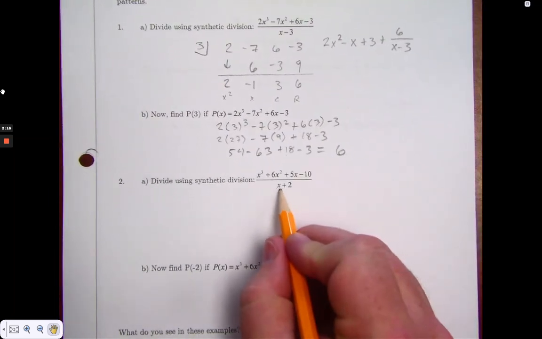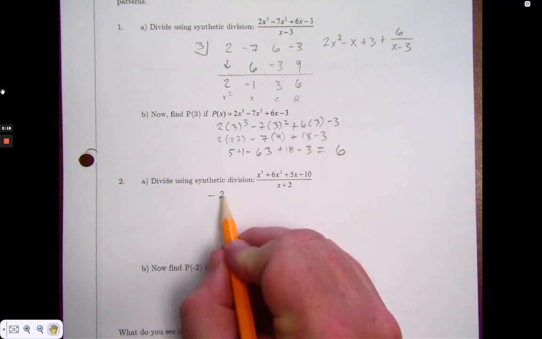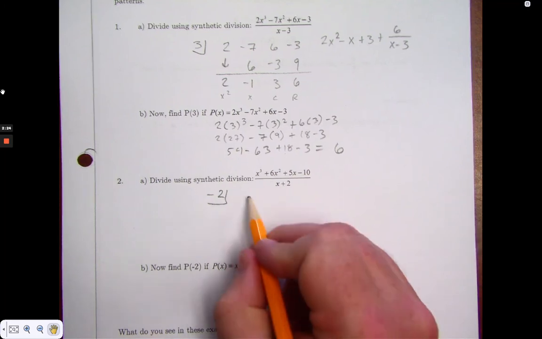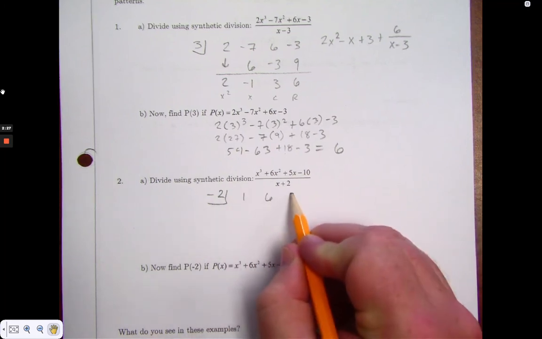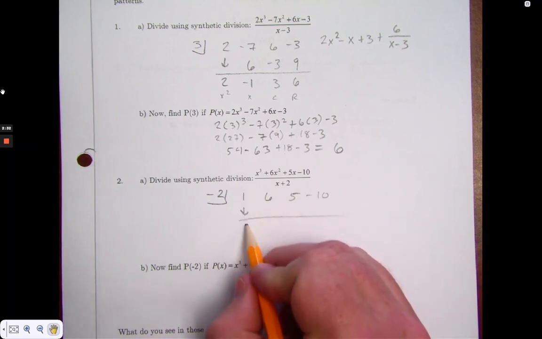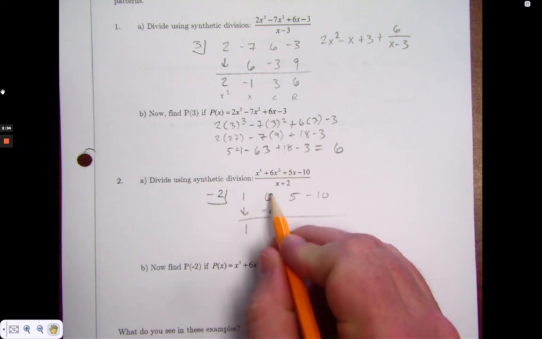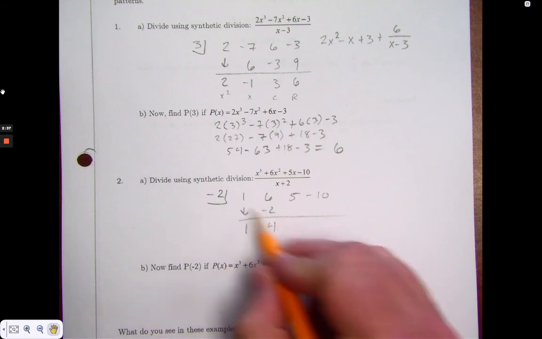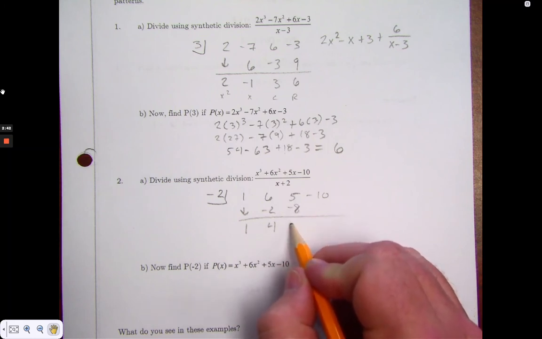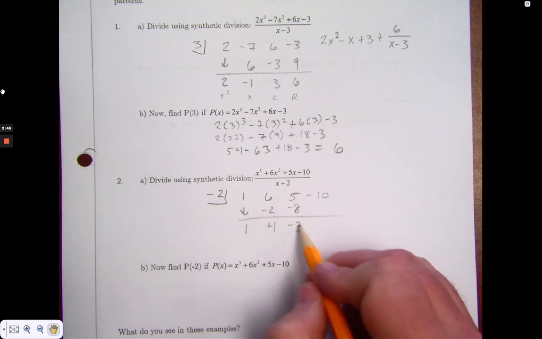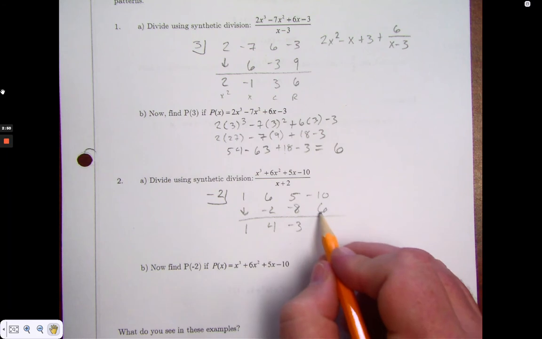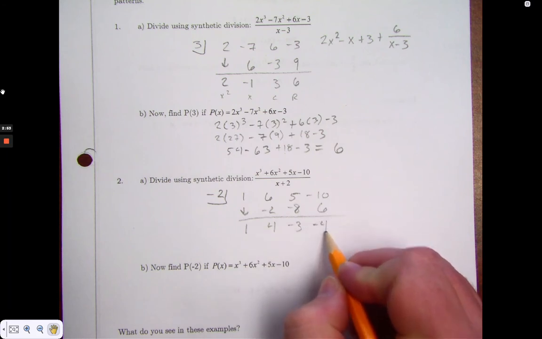This time, x minus c, so we have -2 because we have the plus, and remember, it'd have to be minus a negative to get the plus. Then we have 1, 6, 5, -10 as the coefficients we need to bring down. Bring our 1 down, times -2 is -2, 6 and -2 is 4. 4 times -2 is -8. 5 plus -8 is -3. -2 times -3 gives me a positive 6. -10 and positive 6 gives us -4.